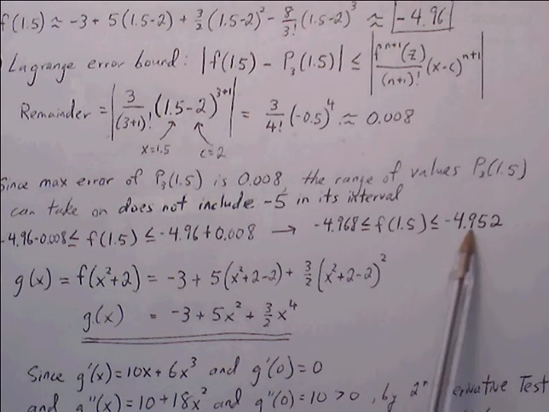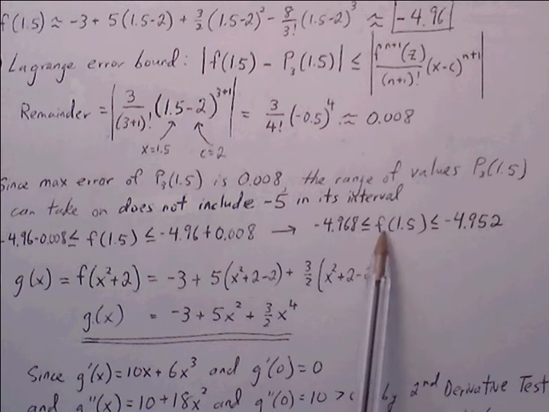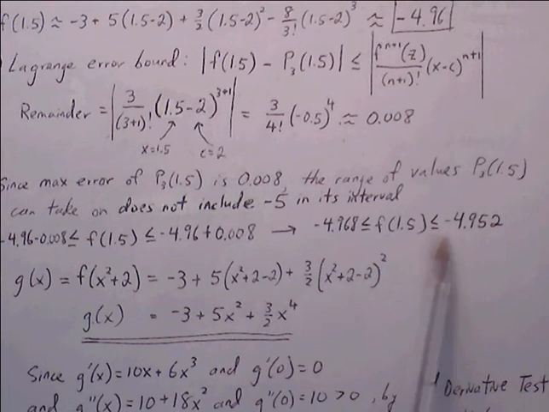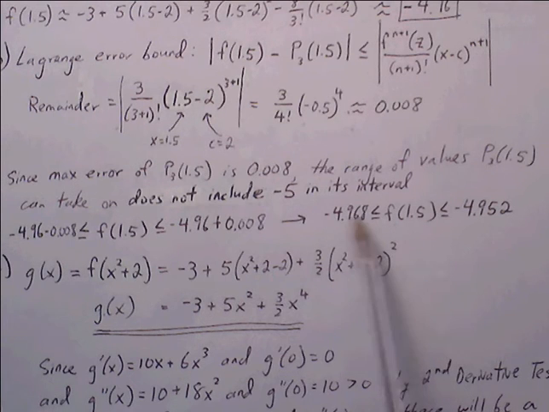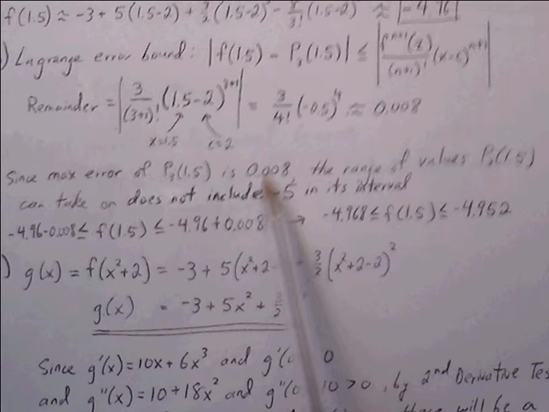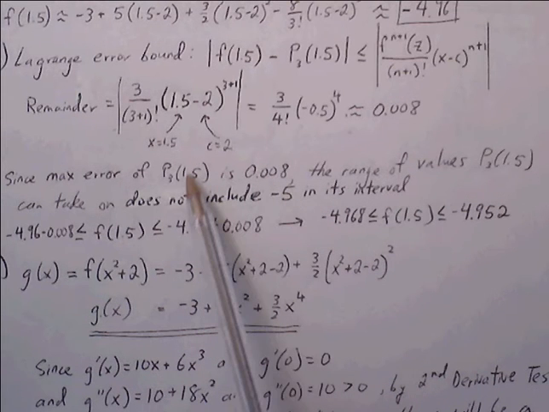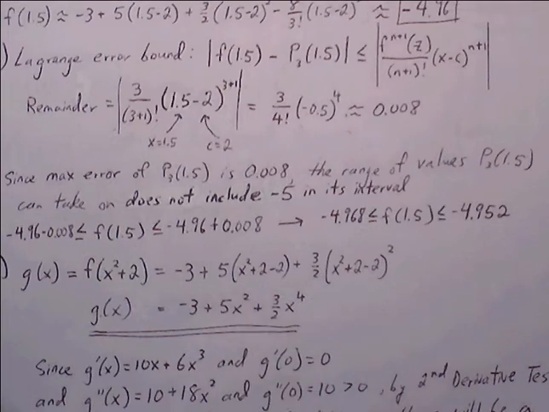And we see that given the error bound, the max and the minimum are not going to include -5. So given the error bound and the approximation, there's no way that this value can reach all the way down to -5. Okay.